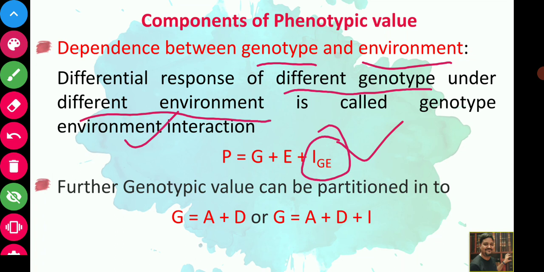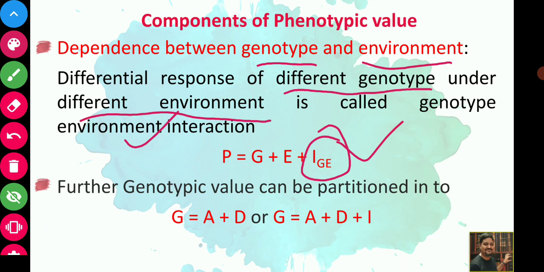Suppose the AA genotype likes a cold environment, and the capital A small a genotype likes a hot environment. So the capital AA genotype will have an advantage if the environment is cold, and it will be disadvantageous for capital A small a. So capital AA will perform better if the environment is cold. This is called a genotype environment interaction.